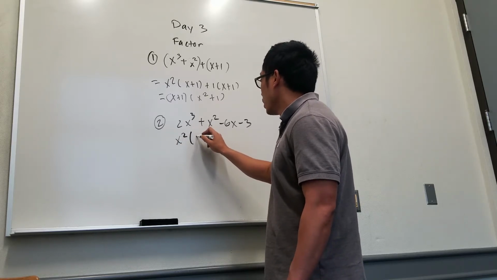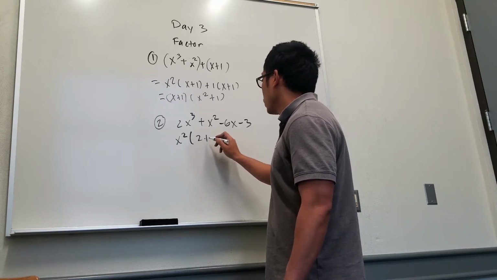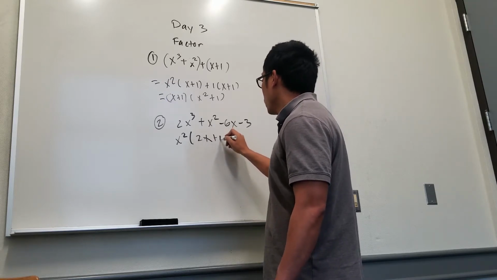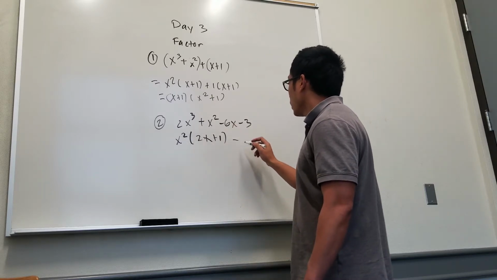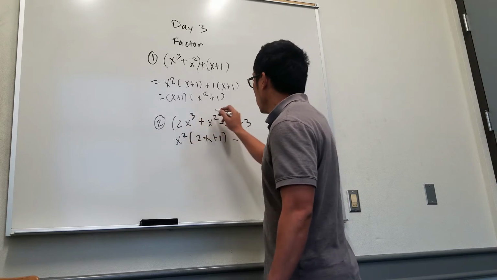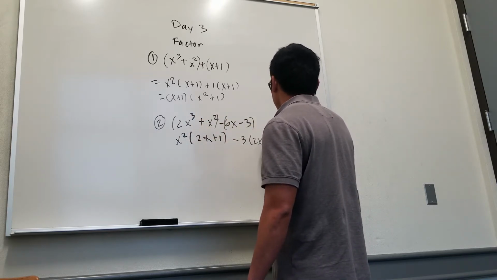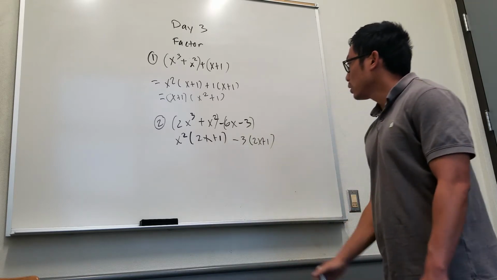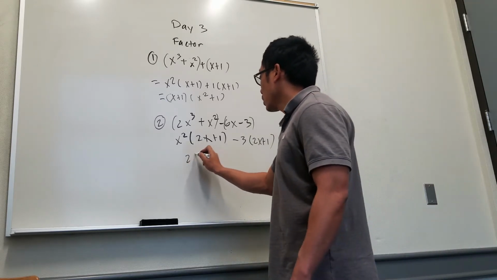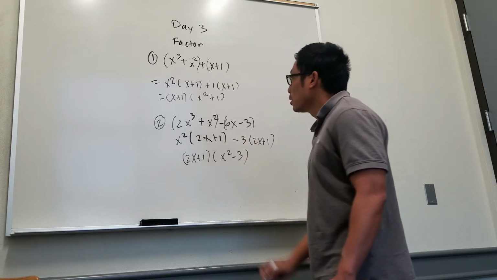Here, I get 2x plus 1. Here, I factor out a -3, I get 2x plus 1. You notice they have the same thing, so we factor out 2x plus 1, you have x squared minus 3. Okay?